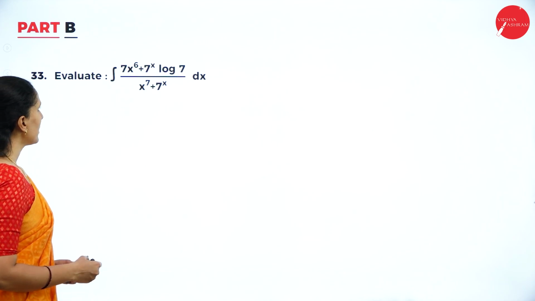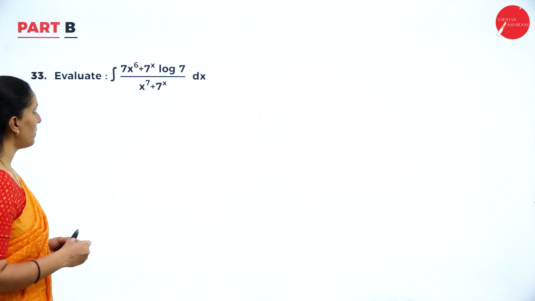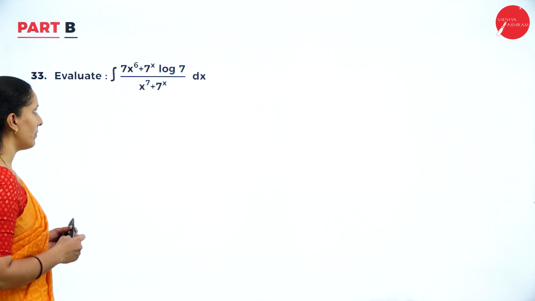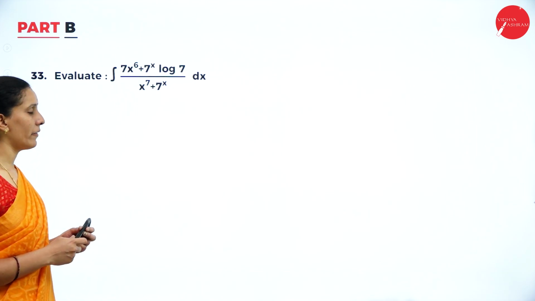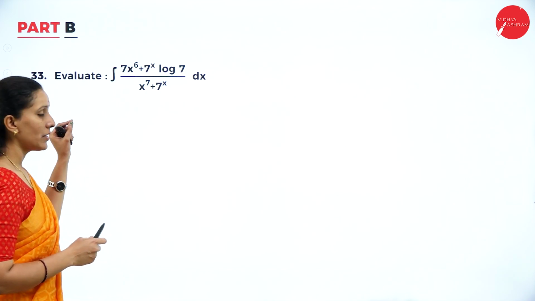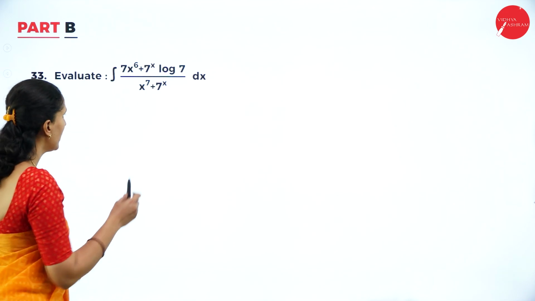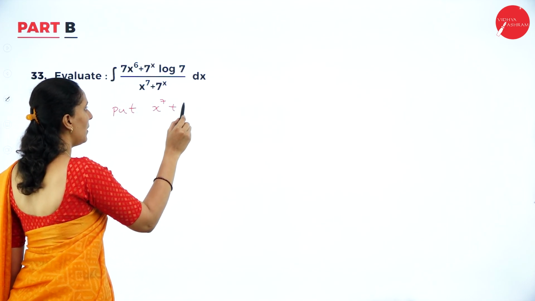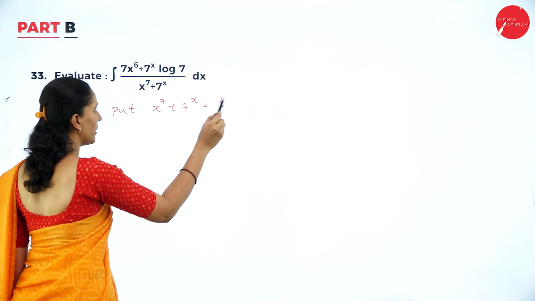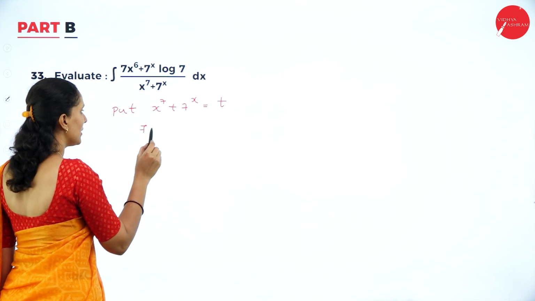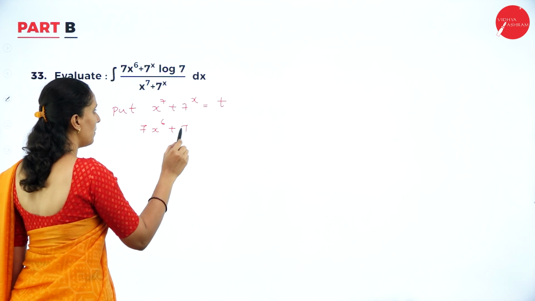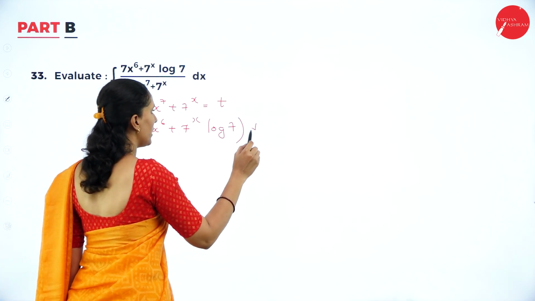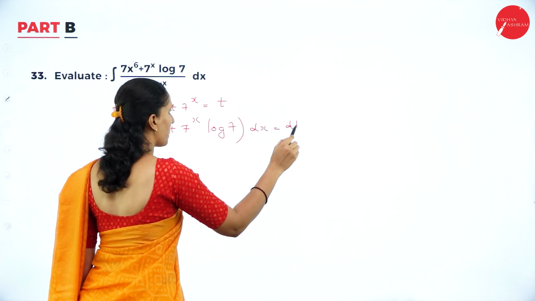Next, evaluate the integral of (7x to the power 6 plus 7 power x log 7) divided by (x power 7 plus 7 power x) into dx. Here we can use the substitution method to integrate. Put x power 7 plus 7 power x is equal to t. Let's differentiate this. Then (7x power 6 plus 7 power x log 7) into dx is equal to dt.